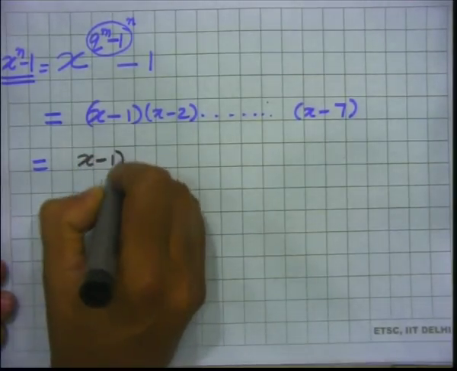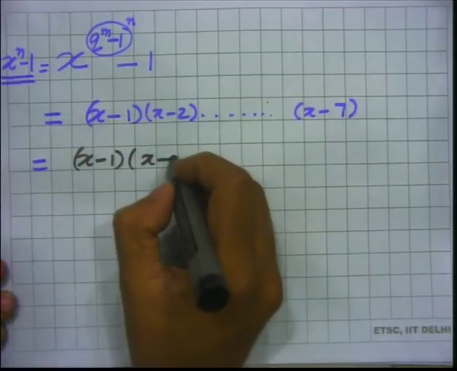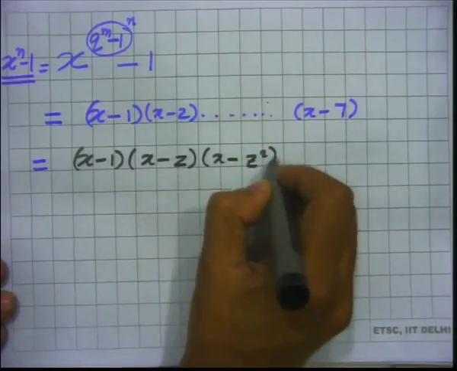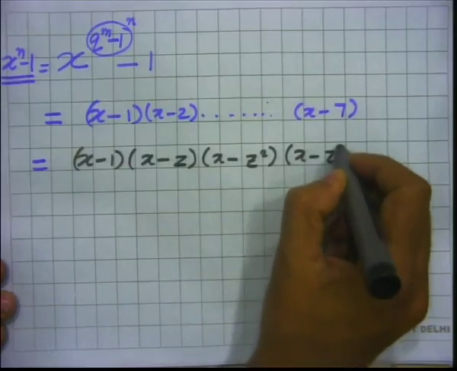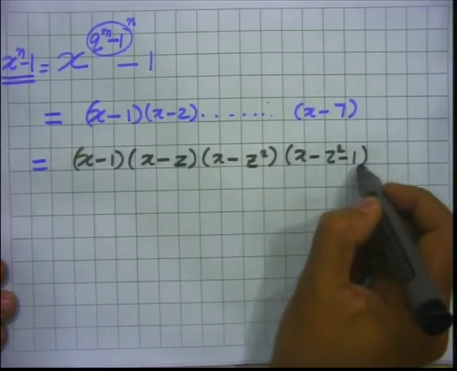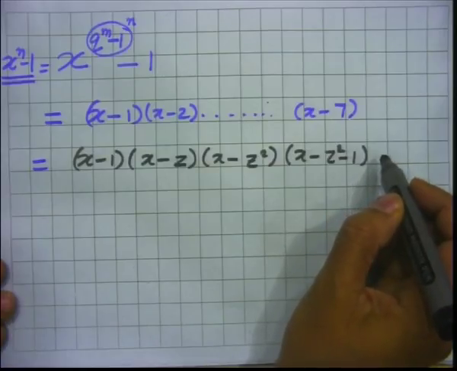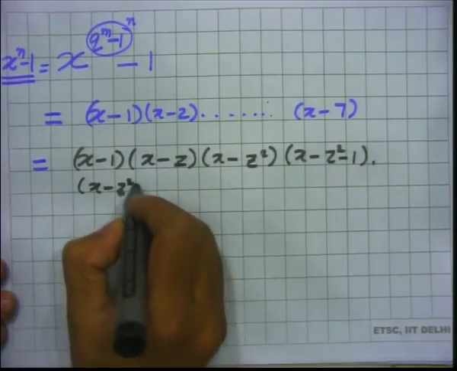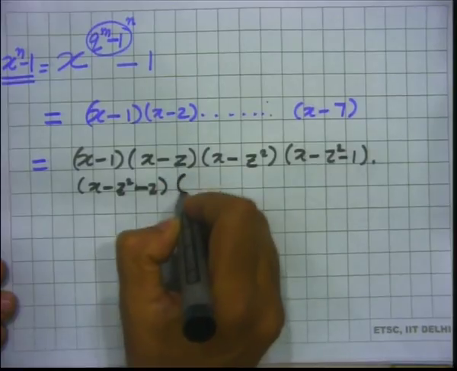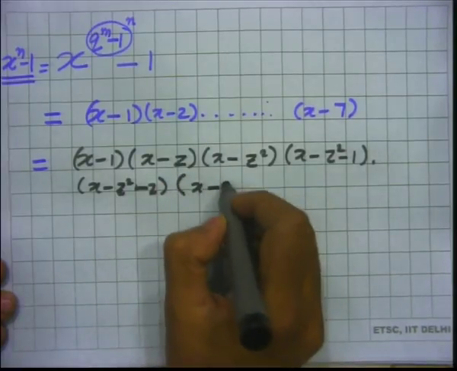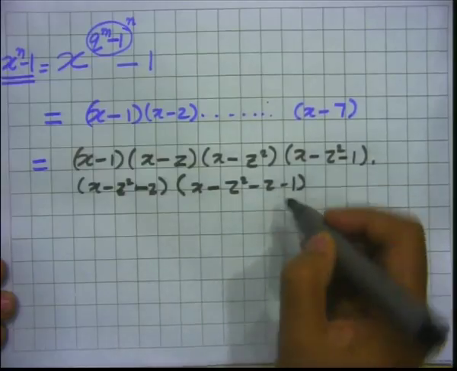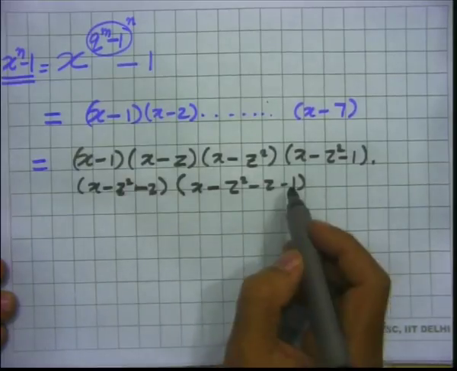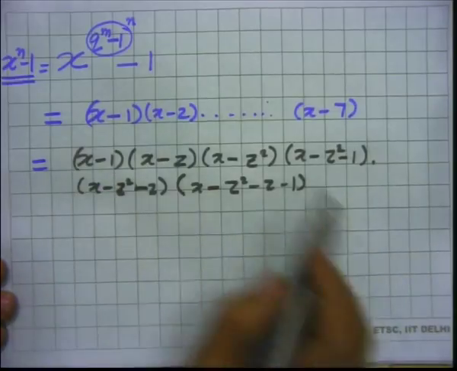So, we can write x minus 1, x minus z, the second element, x minus z squared, x minus z square minus 1, because z square plus 1 is a polynomial, and we again have the product x minus z square minus z, then we have x minus z square minus z minus 1, and then you have 1, 2, 3, 4, 5, 6 of them, and 0 is not being included.